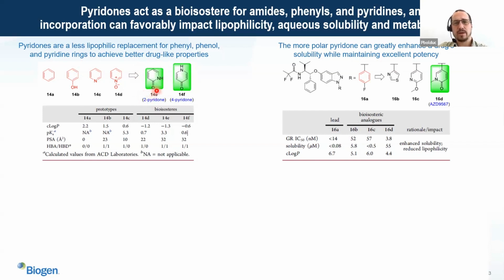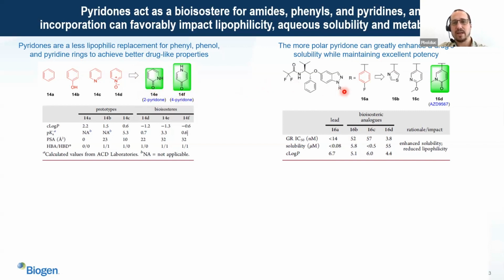And so I think it's well accepted that as a medicinal chemistry project grows from hit to candidate selection, you tend to increase the size of those molecules significantly, and it tends to go on the side of higher lipophilicity.